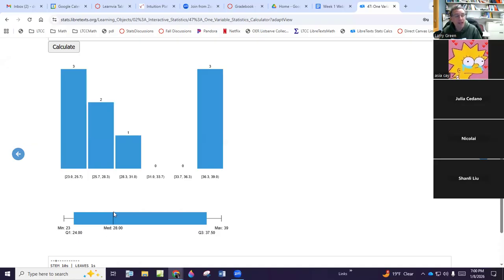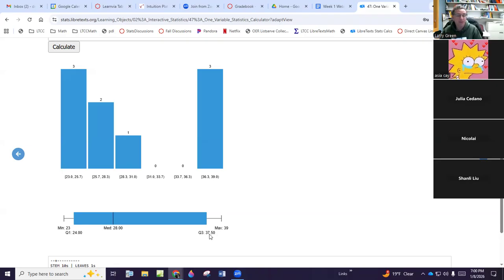Then we have this line here that's somewhere within the box, and that'll be the median, and that's 28. Typically, they do not write MED and Q1 and min and Q3 and max. I did that on my calculator so that you could remember what all these things are. But when you see this in the real world, you'll almost never see these hints. Just letting you know that. So the median was 28.